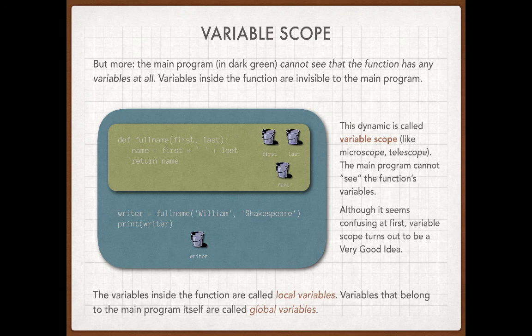I need you to start to understand commonsensically and kind of intuitively, without having to think about it too much, how variable scope works. Now, one of the terms that we'll get is that these variables first and last and name, we might say, are locally scoped to that function. And that means that they exist only in that function, that they can be seen by Python only when Python is executing that function.